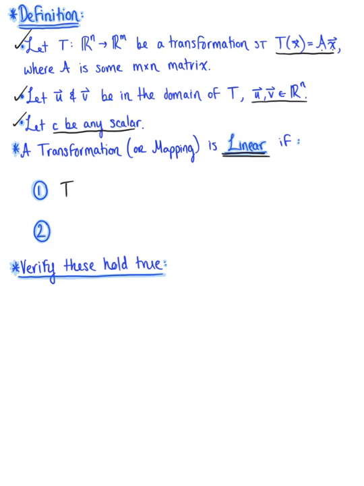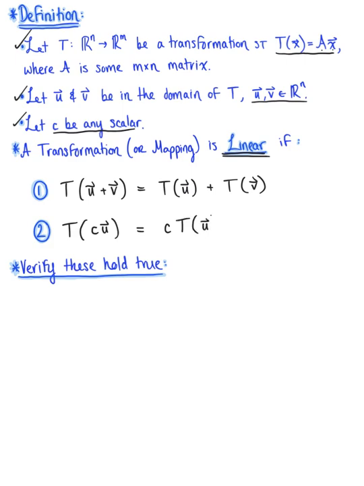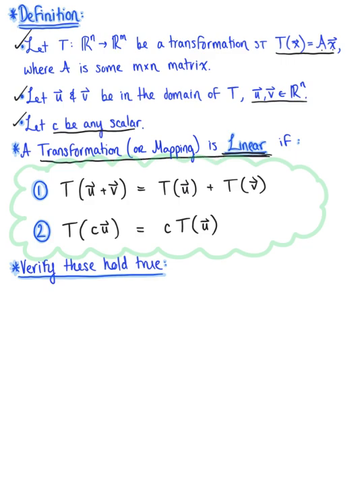The first one is that the image of vector u plus vector v under the action of T is equal to the image of vector u under the action of T plus the image of vector v under the action of T. And our second property is that the image of the scalar multiple c times vector u under the action of T is equal to the scalar multiple c multiplied by the image of vector u under the action of T. So these two properties make a transformation a linear transformation. So let's verify that these are holding true.